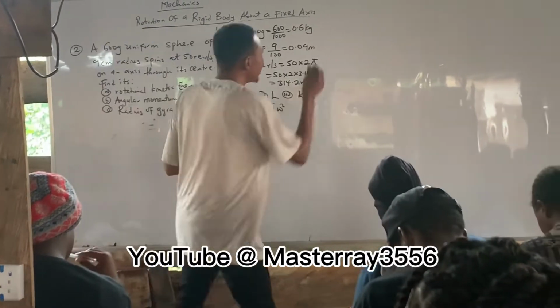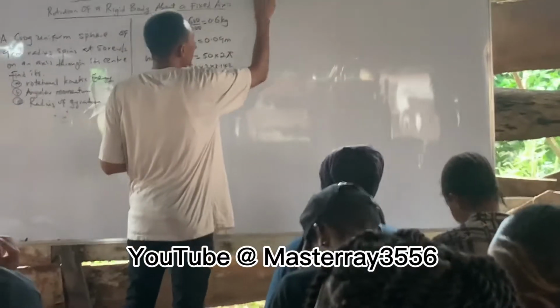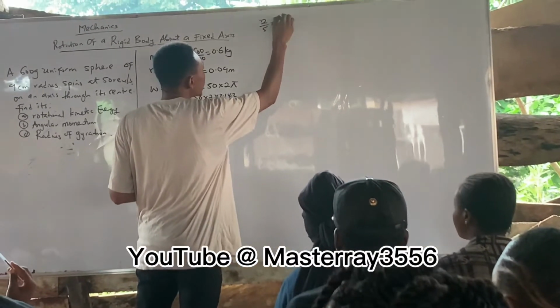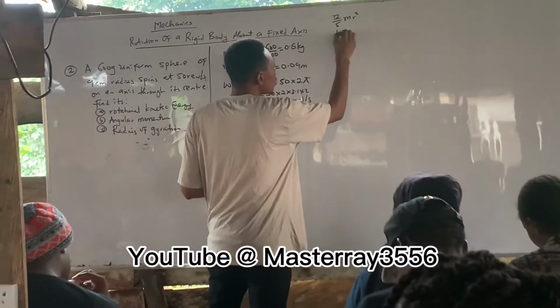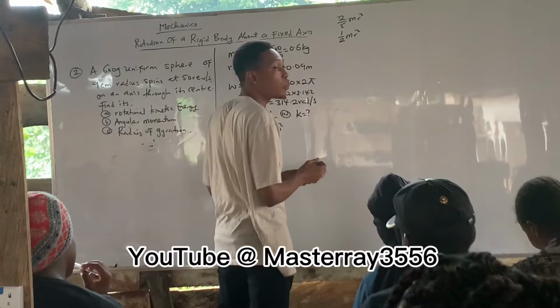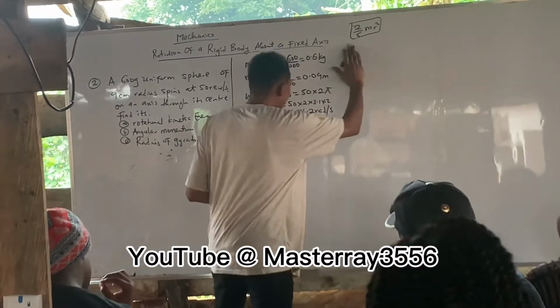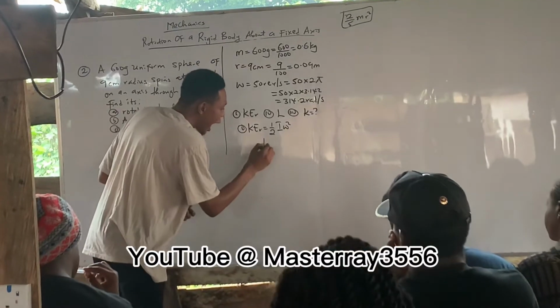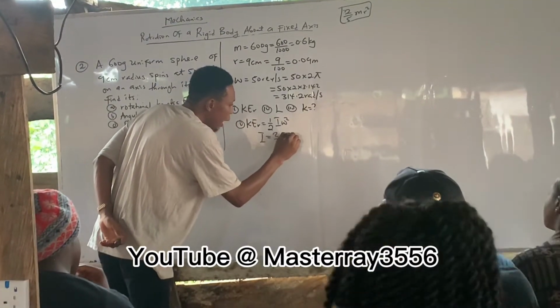If it's through its center, it's 2 over 5 m r squared. But if it's through one end, it becomes 1 over 2 m r squared. So which are we to use? 2 over 5, is it not? So this time around, our I will be equal to 2 over 5 m r squared.